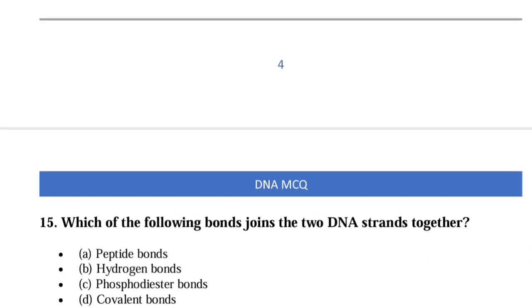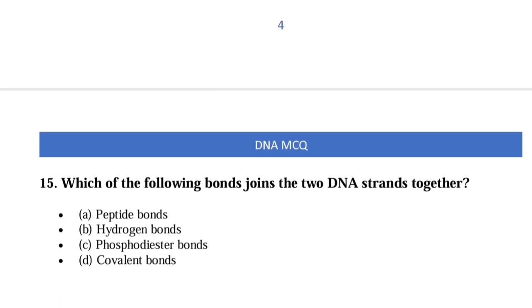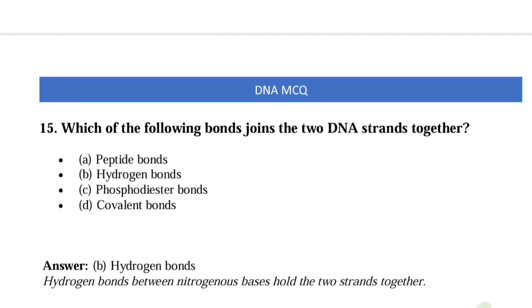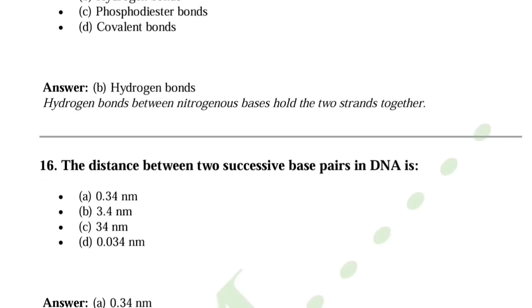Question number 15, which of the following bonds joins the 2 DNA strands together? So the 2 DNA strands are joined together by hydrogen bonds. Okay, these hydrogen bonds present between the nitrogen bases hold the 2 strands together. Question number 16, the distance between 2 successive base pairs in DNA is.